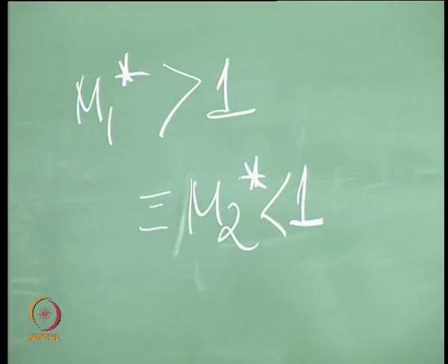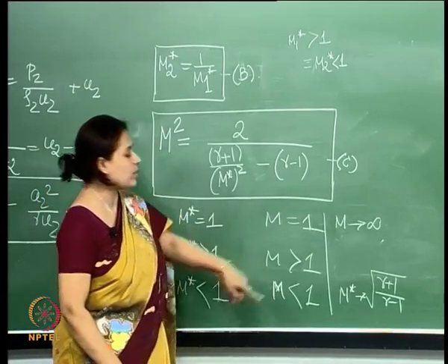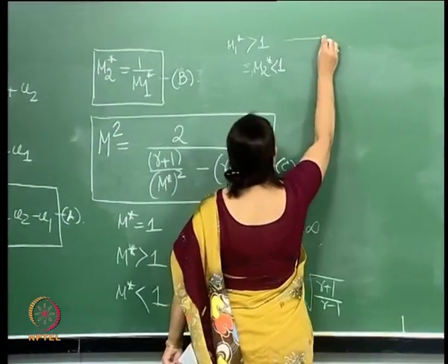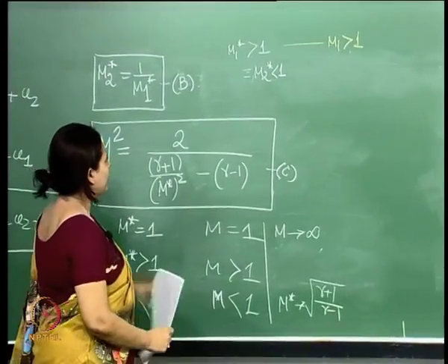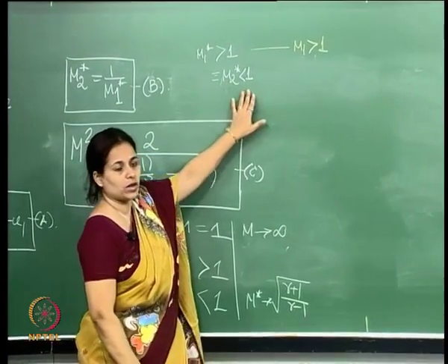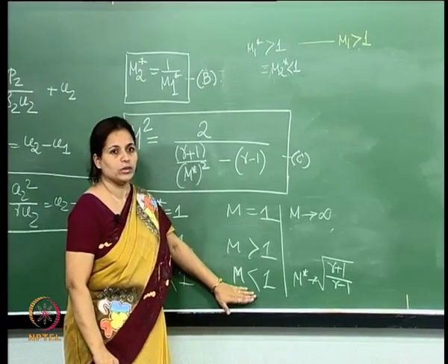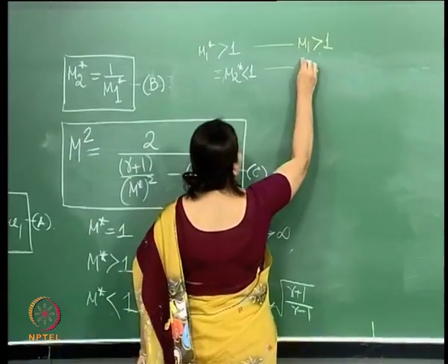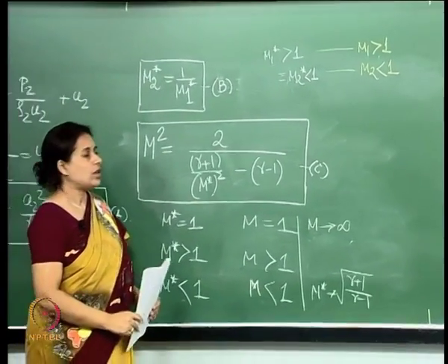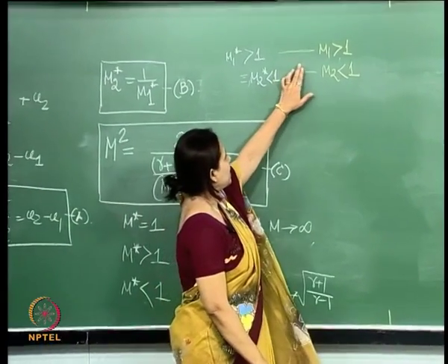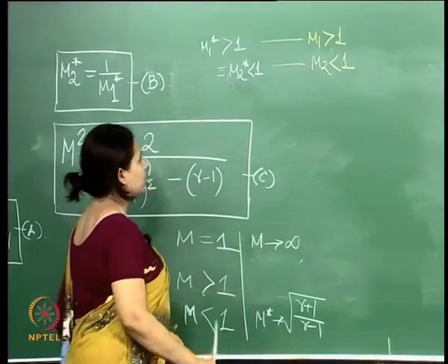If m1 star is supersonic, the corresponding m1 is also supersonic. Now, m2 star is subsonic, therefore the corresponding actual value is also subsonic, which means m2 is subsonic. So, what we are trying to say here is that if m1 is supersonic, then m2 is subsonic. Okay. All right.